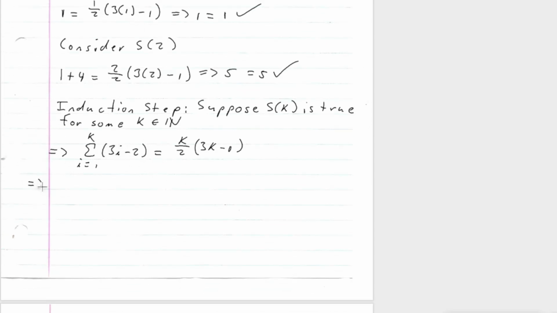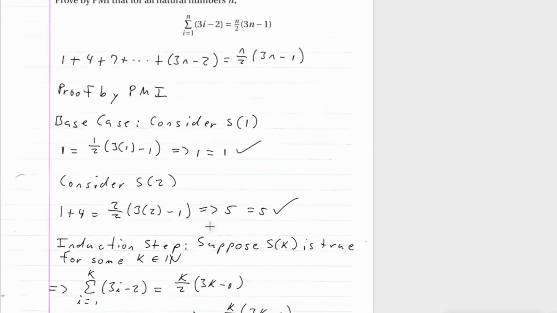So we are assuming that 1 plus 4 plus 7 plus dot dot dot plus 3k minus 2, the sum of these terms, is equal to k over 2 times 3k minus 1. So this is what we are assuming.